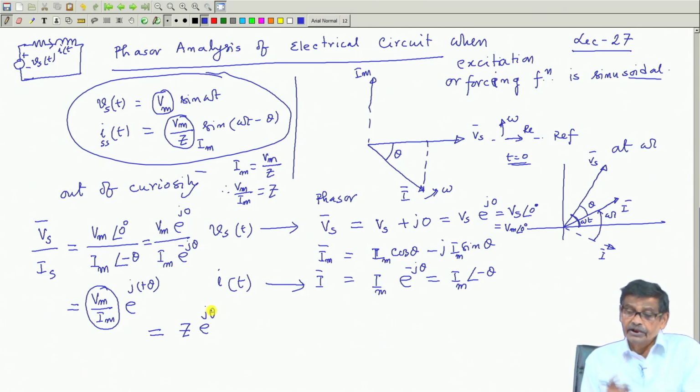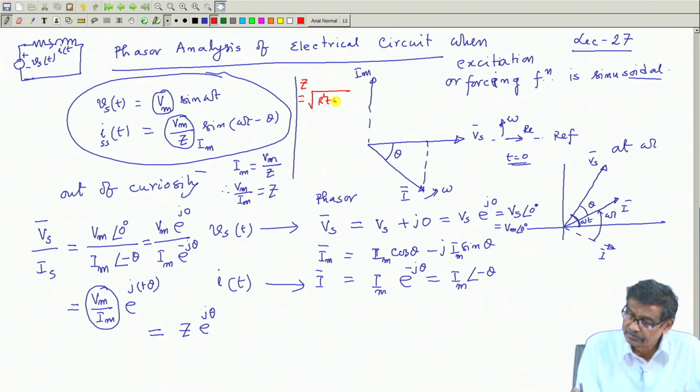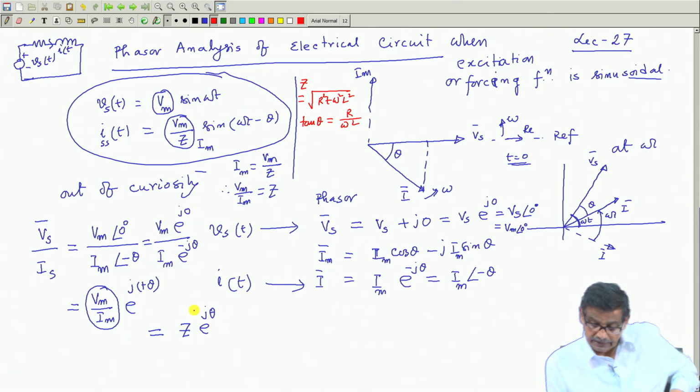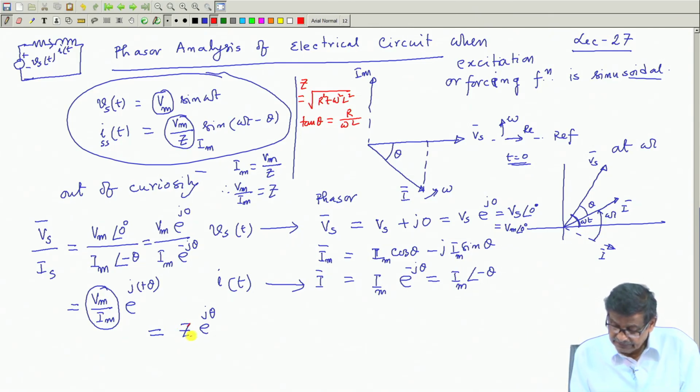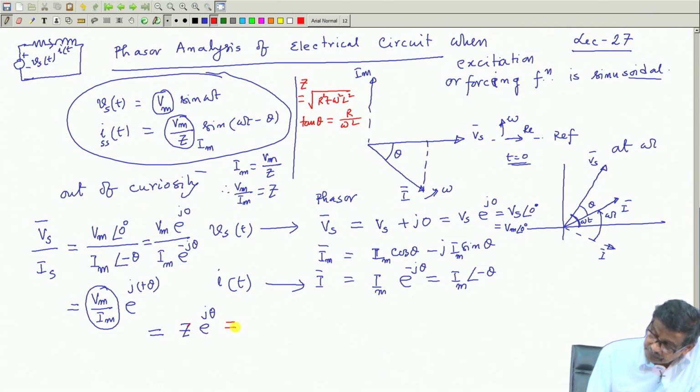This is the thing. Recall that this Z, I will write it with a different color. This Z we established is nothing but root over r square plus omega square L square. And what is tan theta? Then you get Z e to the power j theta, which is Z cos theta plus j Z sin theta.